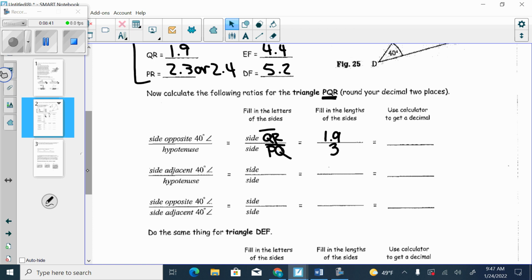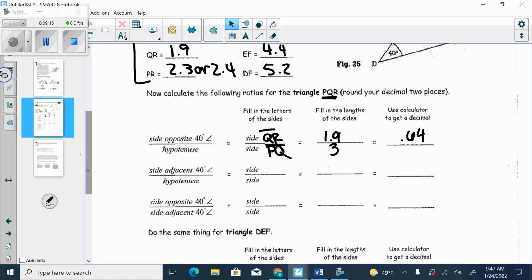So we're going to use our calculator to divide those and turn them into a decimal. So 1.9 divided by 3, or some of you put 2 divided by 3. What do we get approximately? 0.63. If you divided 2 by 3, you got a little bit higher than that. So I would say a happy medium would be around 0.64, depending on if you used 2 or 1.9.